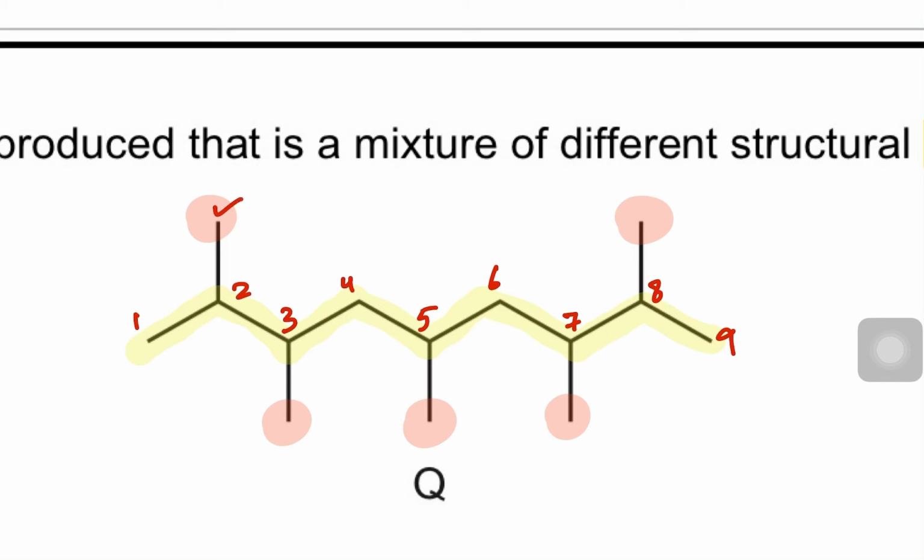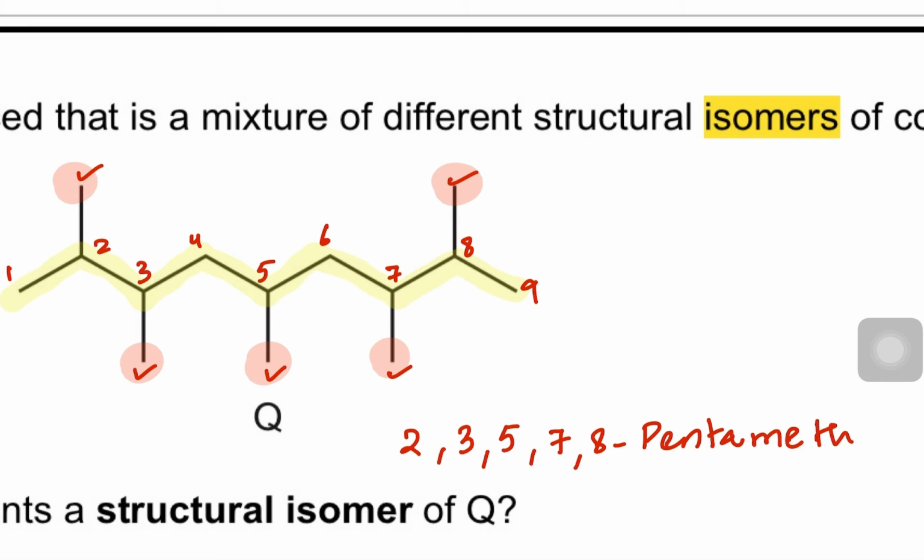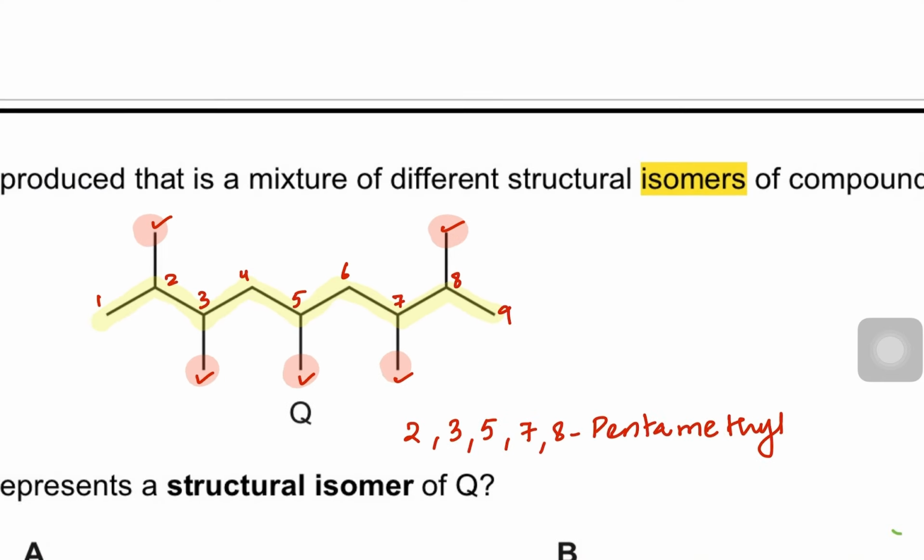There's a branch on 2nd, 3rd, 5th, 7th, and 9th. It would be called 2, 3, 5, 7, 8 pentamethyl, because there are 5 methyls, pentamethyl nonane. Nonane is your longest chain.